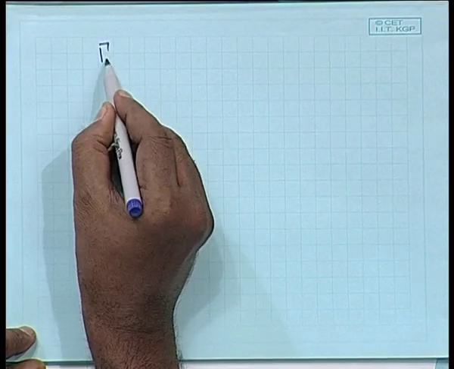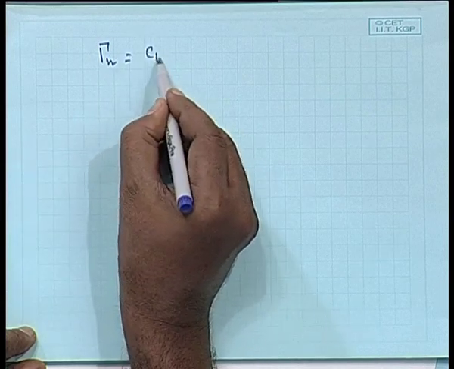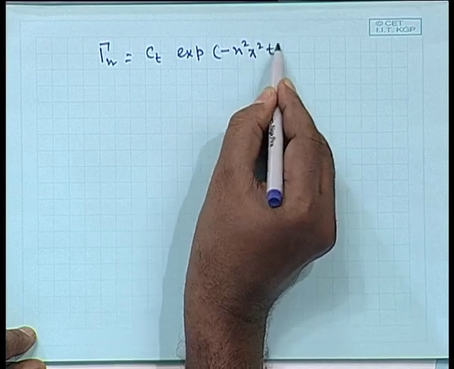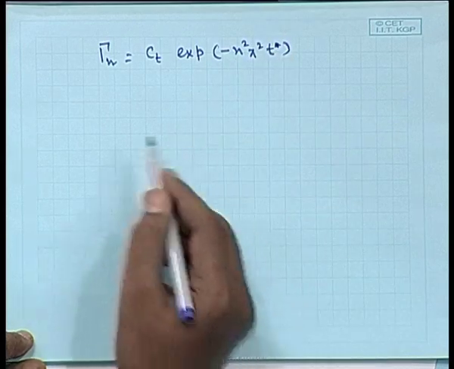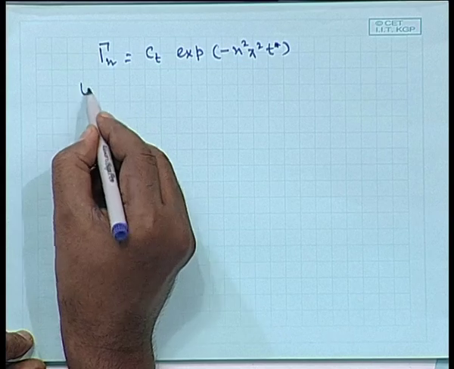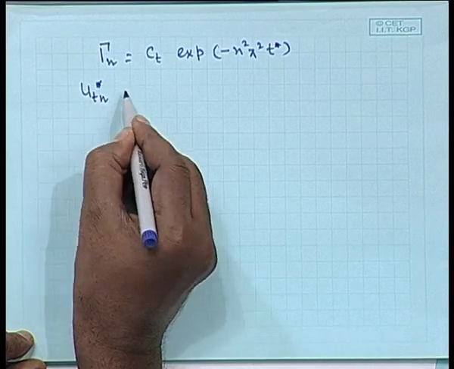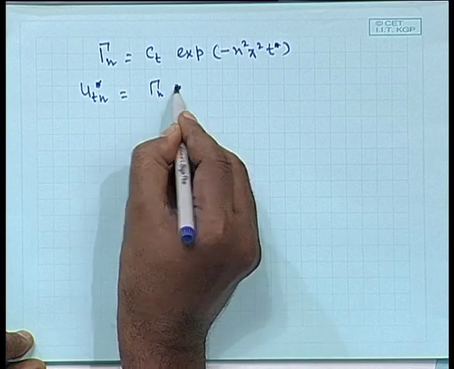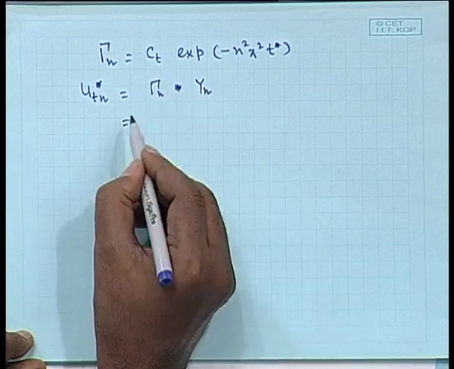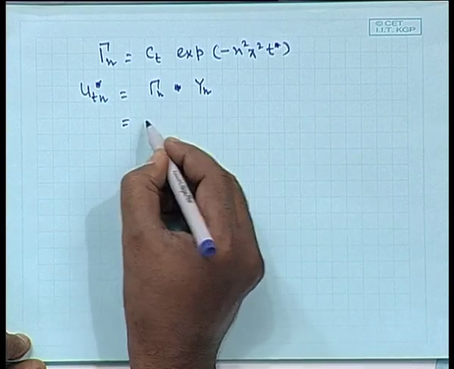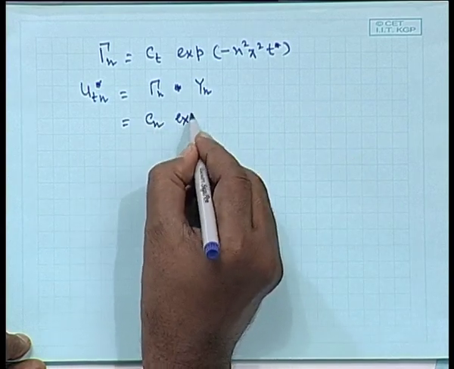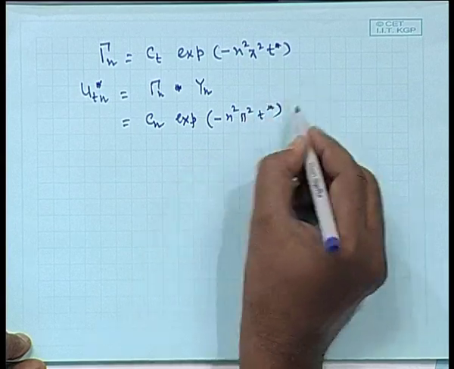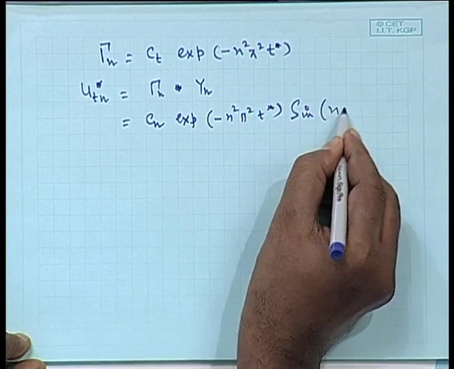So, the corresponding tau n will be C t exponential minus n square pi square t star. Okay. So, what will be the u t star? It will be tau n times y n, that is C t and C 1, again it will be a new constant, let us say C n exponential minus n square pi square t star sin n pi y star.